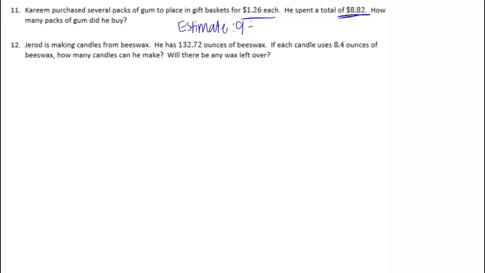That's close to $1. So I think he bought about 9 packs. But let's actually do it. So $8.82 divided by $1.26 each. And let's make a whole number divisor. So we need to move it 2 places, which would be 100, 2 powers of 10. It's 126 and 882.